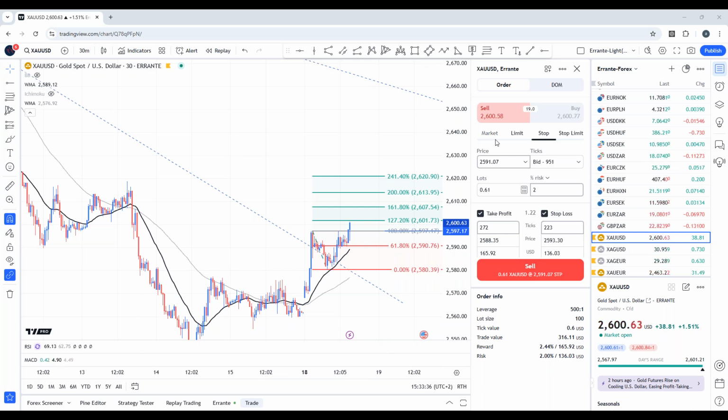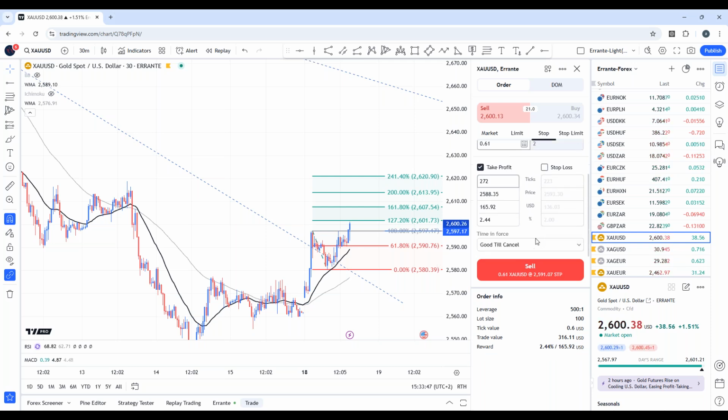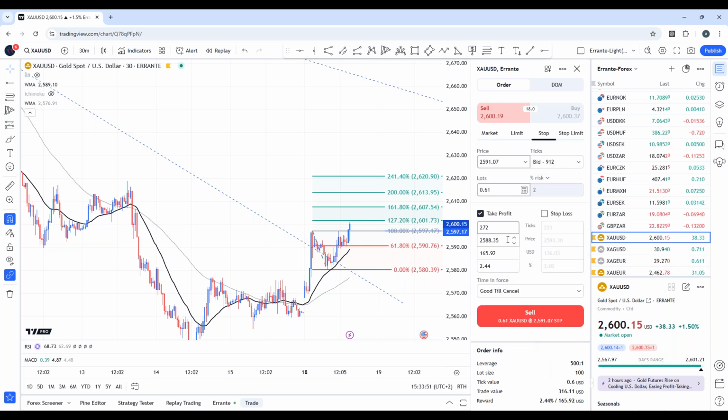Okay, so the first thing we have here is the price. Let me just put it a bit down. Okay, here we have the price, we have the ticks, and the lot size here is automatically calculated based on the percentage of your balance that you're willing to risk.